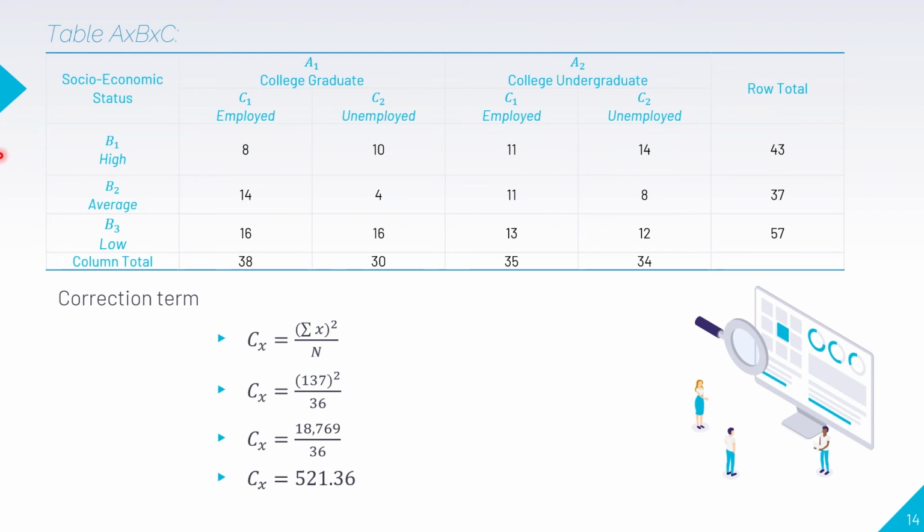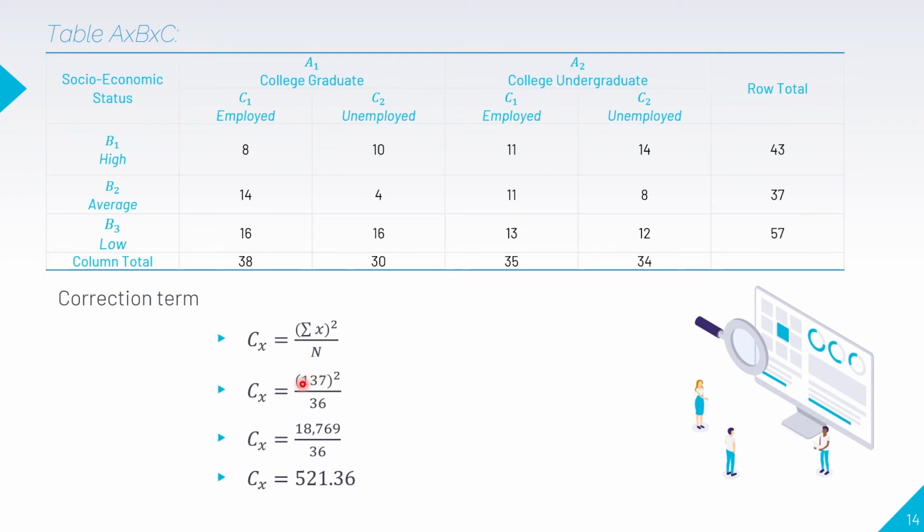Next, let's go and find our correction term. Our formula is Cx equals summation of x squared over n. Our summation of x is the total of these values. So 38 plus 30 plus 35 plus 34, we have 137.